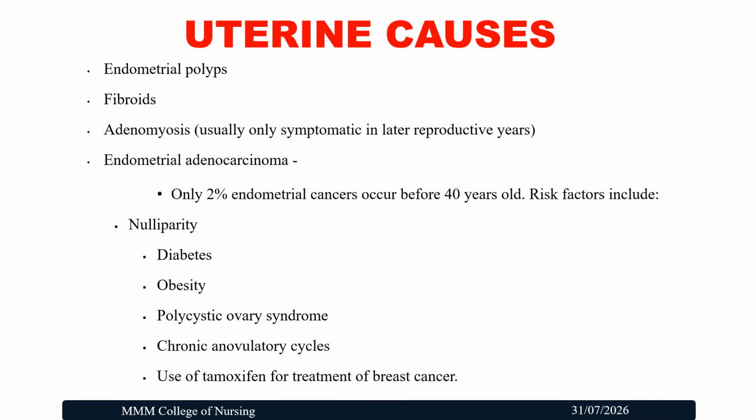Other uterine causes are endometrial polyps, fibroids, adenomyosis, endometrial adenocarcinoma. Only 2% of endometrial cancers occur before 40 years old. Risk factors: nullipara, diabetes, obesity, PCOD, chronic anovulatory cycle, use of tamoxifen for the treatment of breast cancer.